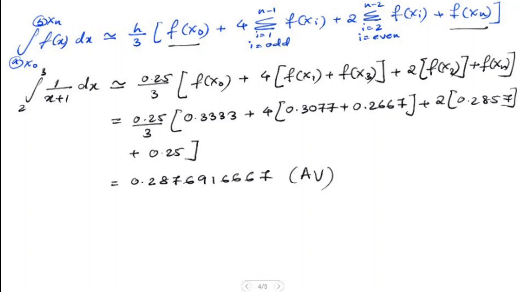So now we got the true value and we got our approximated value. We can use these to find the absolute relative true error, which is equal to the absolute value of the true value minus the approximated value, over the true value, times 100.